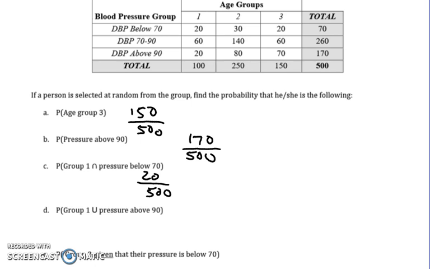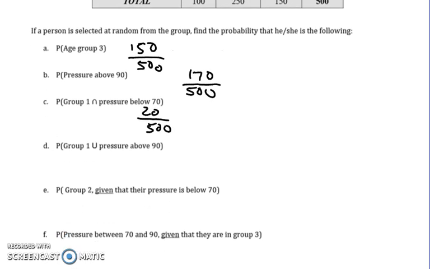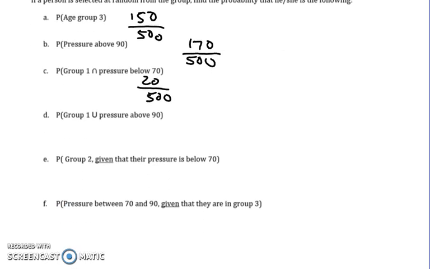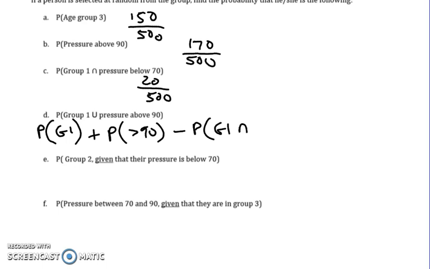D, that they're from group 1 or their pressure is above 90. So remember with the or, we're going to use the addition rule. So we want the probability that they're from group 1 plus the probability that the pressure is greater than 90 minus the probability that they're from group 1 and their pressure is greater than 90.